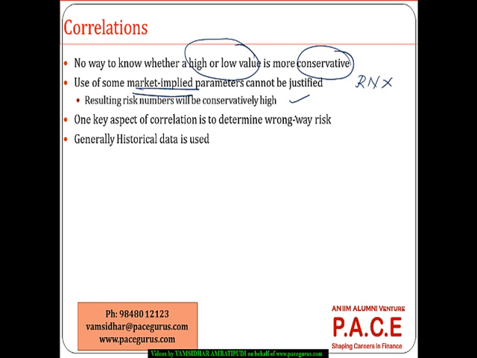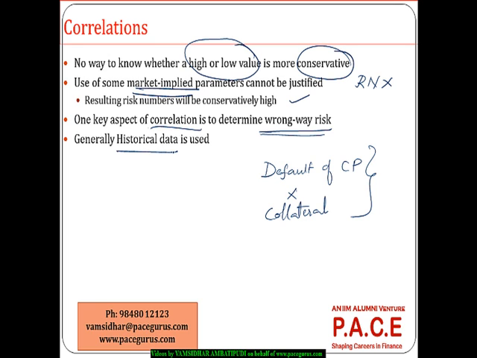What is very much expected out of correlation is to capture the wrong-way risk: what is the kind of correlation that exists between the default of the counterparty and the collateral that has been posted against that default? So to a large extent, we rely on the data from historical sources itself, which means the real world is a better choice for estimating the correlation between the events.